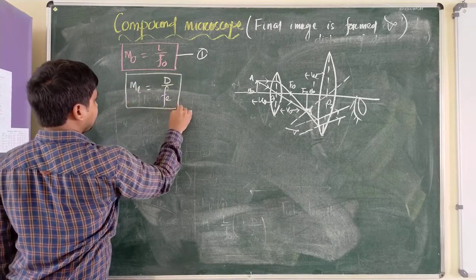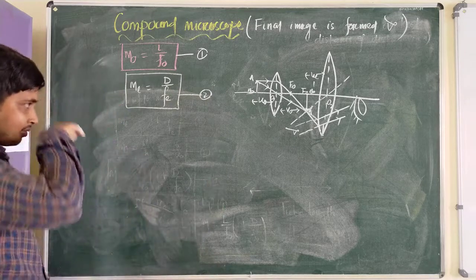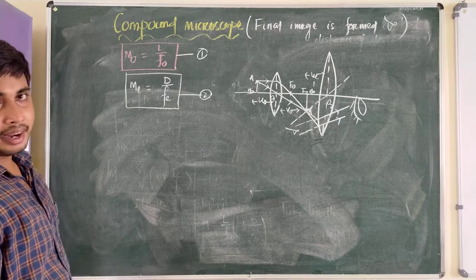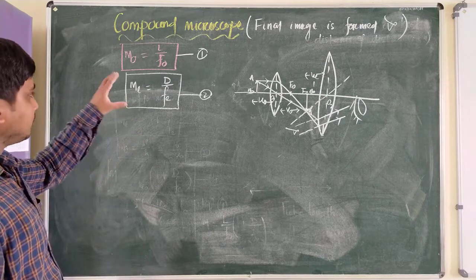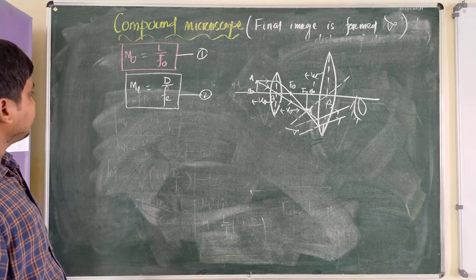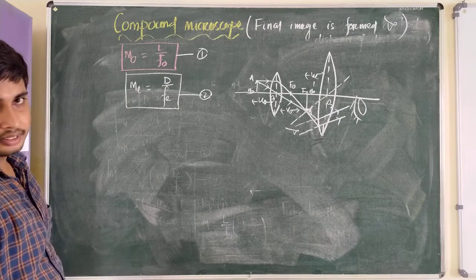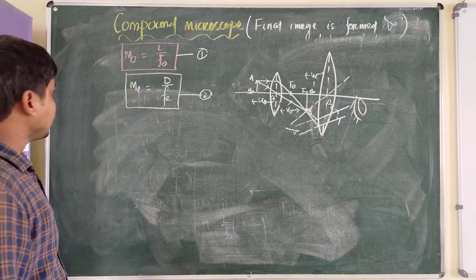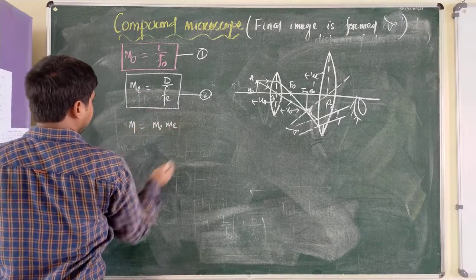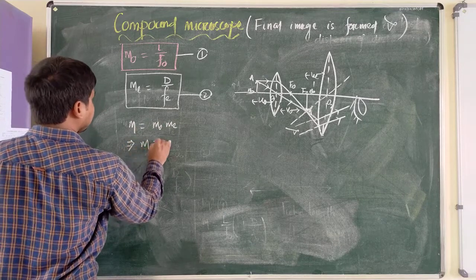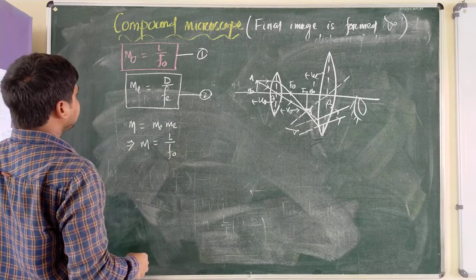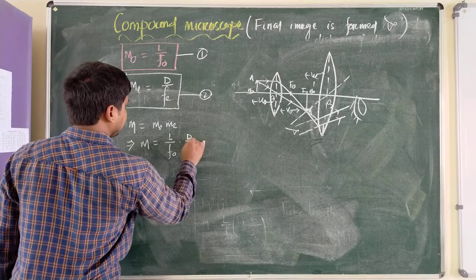You can refer to the magnification of the simple microscope where the final image is formed at infinity, and the expression is M is equal to D by F. So no need to derive again. Just write down that the magnification of the objective is L by F0 and the magnification of the eyepiece is D by FE, and the net magnification you have to multiply. So total magnification will be MO into ME, hence the magnification is L by F0 into D by FE.